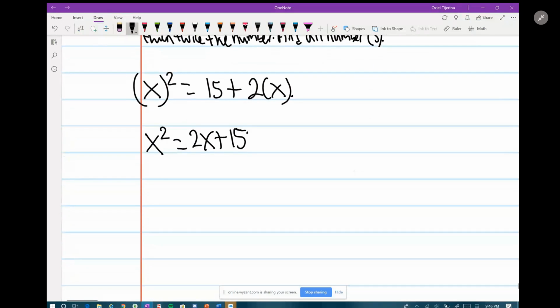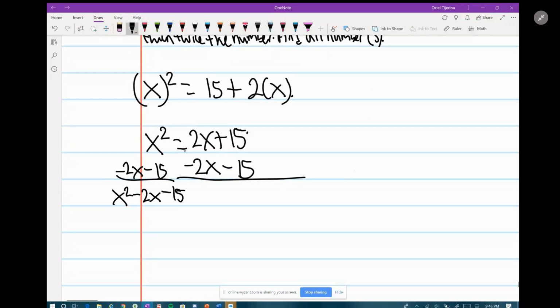And what you do is you have to solve this. You have to basically solve the equation for x, and what you do is you set it equal to 0, because it's a quadratic equation.